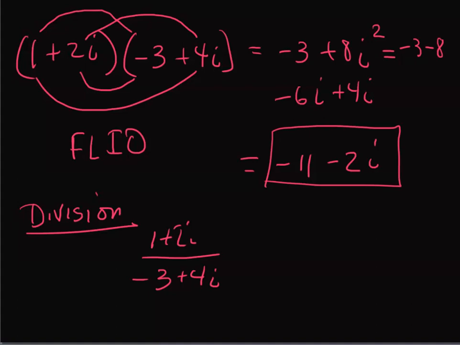You multiply by the conjugate of the denominator. So what's the conjugate? Well, the conjugate is the same numbers except subtraction between. So if this were a negative 4, this would be a negative 3 minus a negative 4i, which is really plus. So the conjugate, all you do is change the sign of the second term. If it's plus, make it minus.